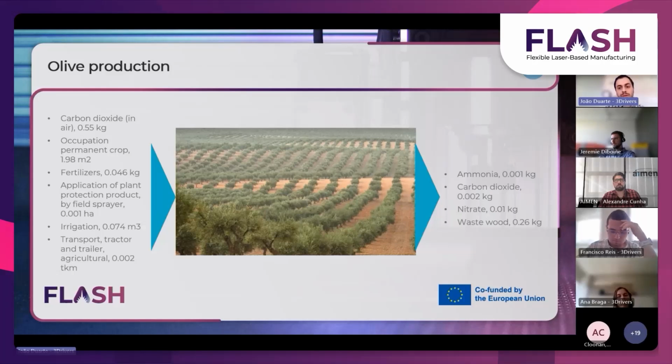And then for emissions, we identify ammonia, carbon dioxide, nitrate, and waste wood. Regarding carbon dioxide, because we're talking about an agriculture activity, which has some sequestration of this gas, we also include carbon dioxide in the inputs in order to have that environmental benefit accounted.